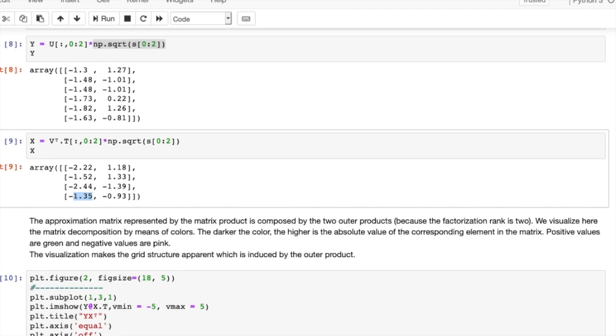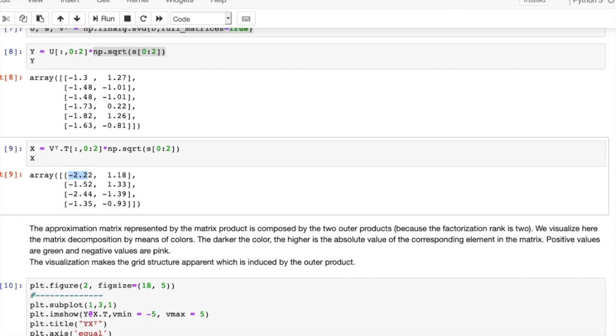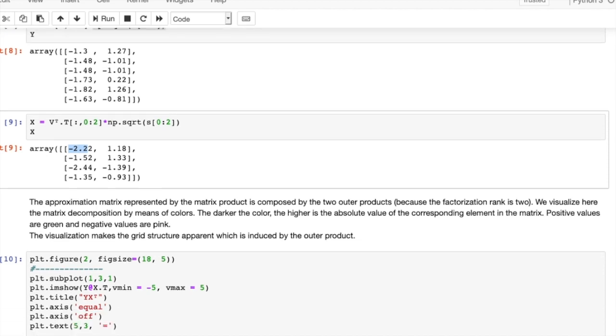But you also see that in Y, the first column is actually completely negative, so here we could also just take always the positive values of the first column and the positive values of this first column, and then we would get the same results. There are just multiple ways to represent the same matrix product.